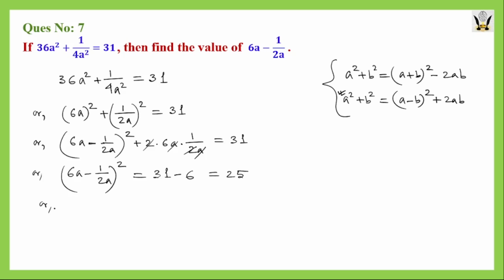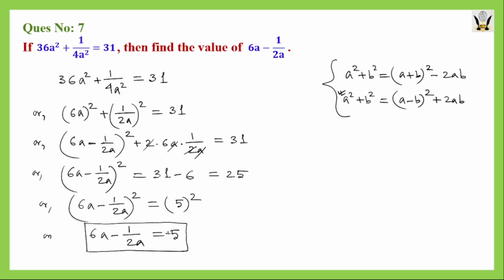So 6a minus 1 by 2a whole square is equal to 25, which means square of 5. So we can say that the value of 6a minus 1 by 2a will be actually 5 or plus minus 5. This is how we simplify this type of problem sum.